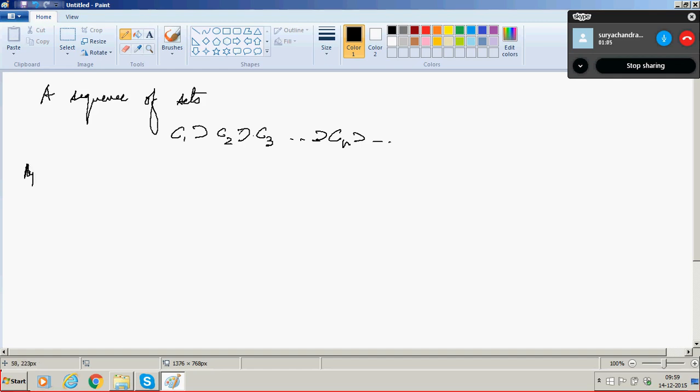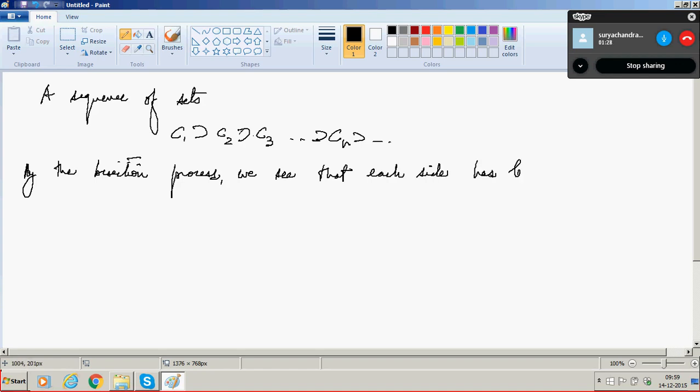So by the bisection process, we see that each side has length L by 2 raised to n. Now we use the nested set property.